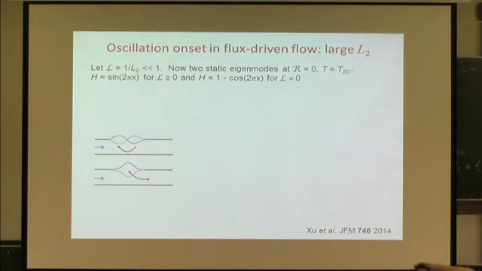Here's my normal sine 2 pi x disturbance, the mode 2 disturbance, where as the membrane bounces up and down, fluid underneath it will slosh backwards and forwards, but won't cause much disturbance outside. But it's also possible to have this additional one-humped mode of the same wavelength, which will generate sloshing, but only downstream because we're prescribing the flux upstream.